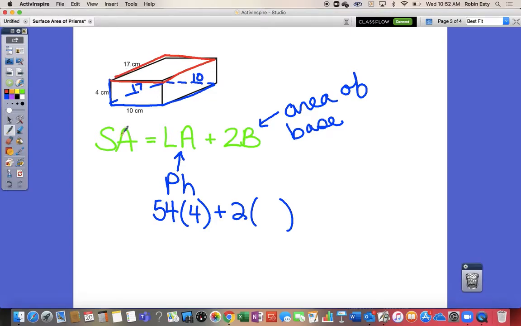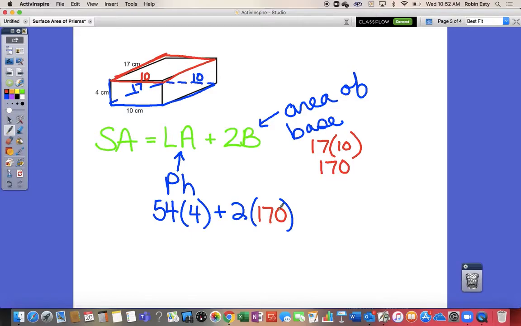Okay? So my base is 17 by 10. So to find the area, I do 17 times 10, and that's 170. Okay, so I'm going to put that right there.